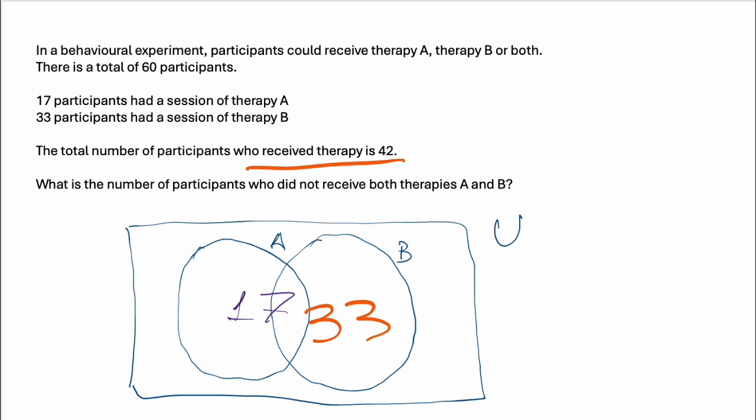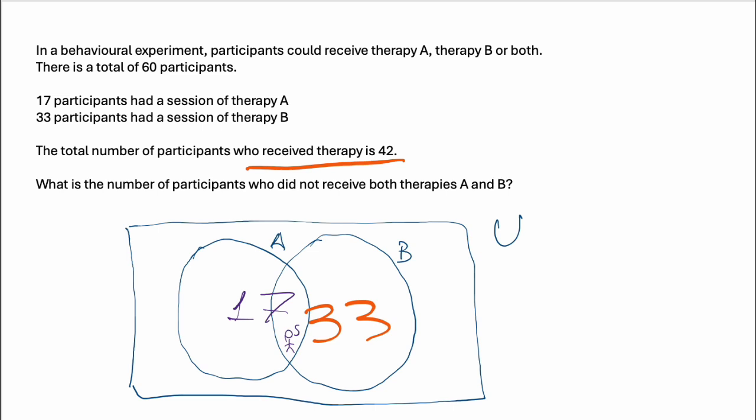So let's say that Sarah here, she is part of the 17 and she's part of the 33, right? So if I sum 17 plus 33, that's 50. I'm overcounting Sarah. Okay, so I cannot do that, right?